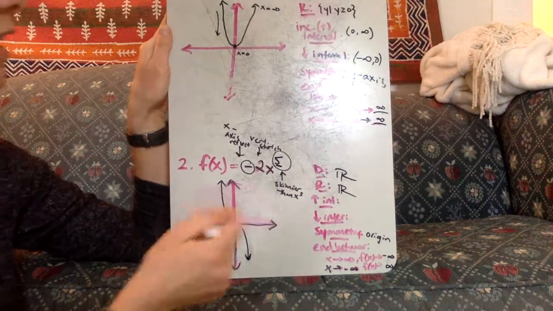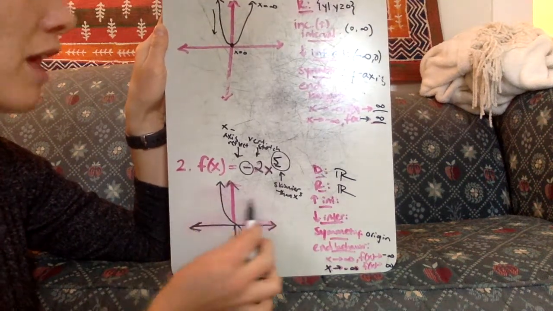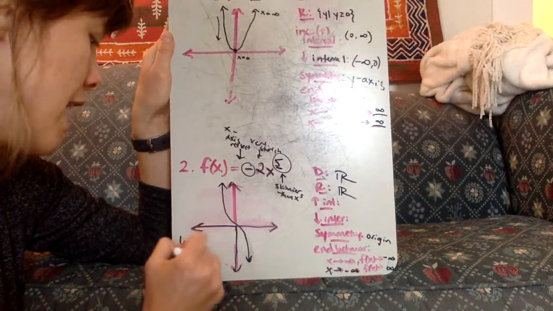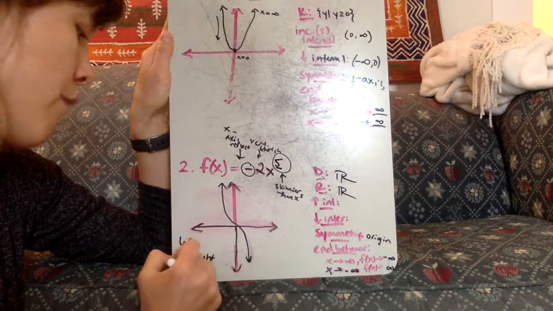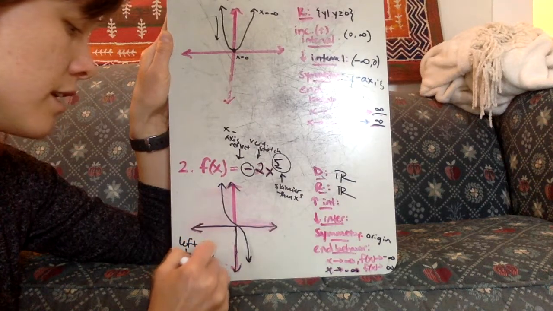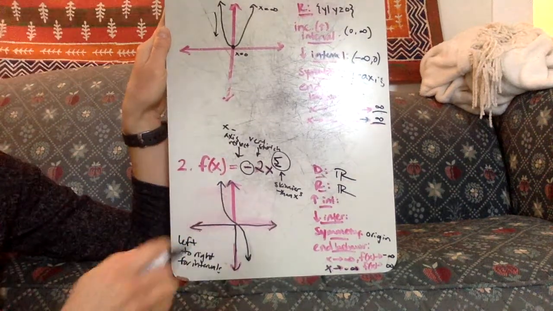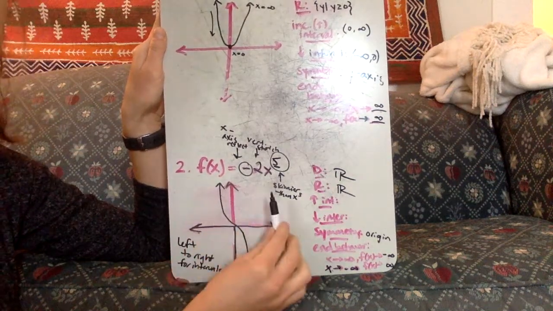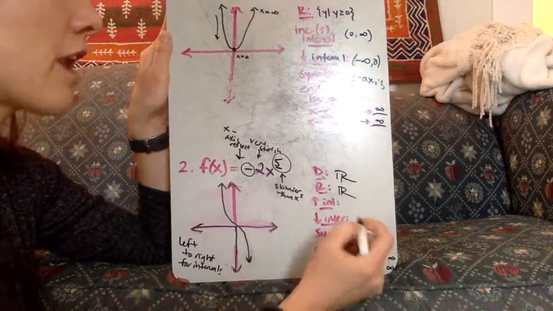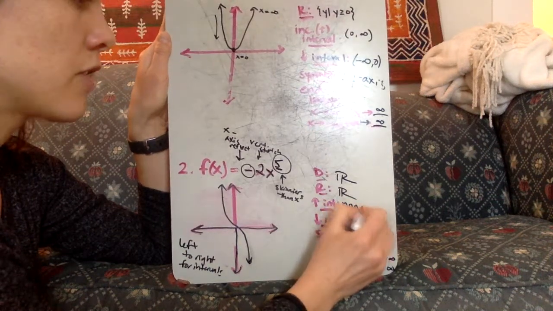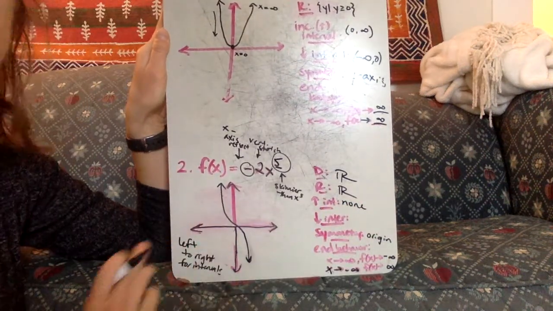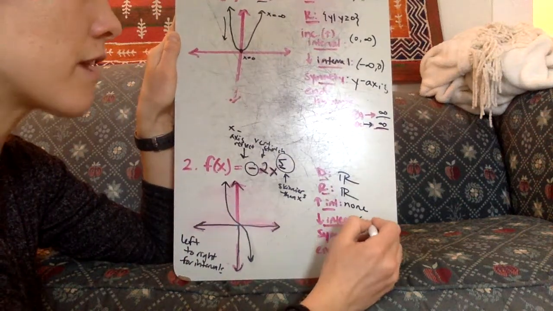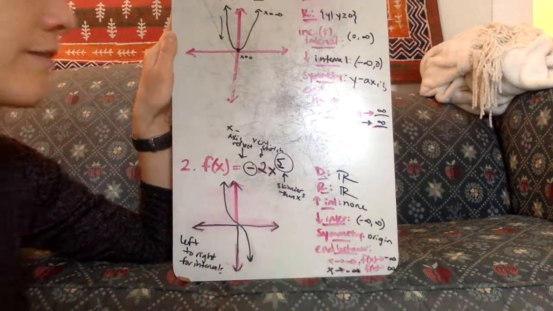So if I'm looking here, as I'm moving from left to right, for intervals, is there any point where my graph is increasing? My answer is no. So I don't have any increasing intervals. So the only interval I have is decreasing, and so that's going from negative infinity to positive infinity.